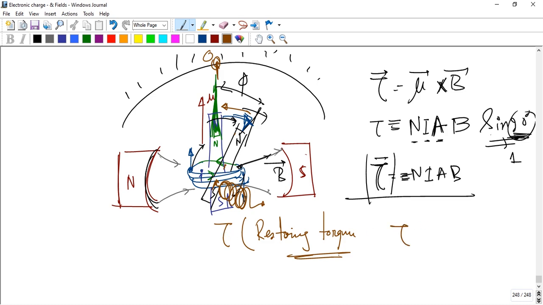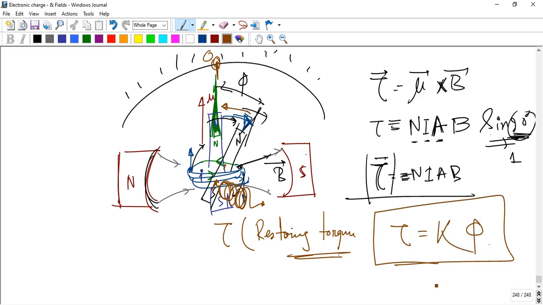Here the restoring torque tau is some constant K times phi, K phi. And the torque produced by the magnetic field B acting on the magnetic moment, these two torques will be equal.